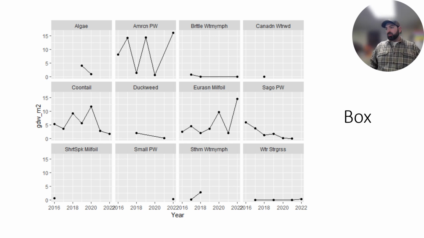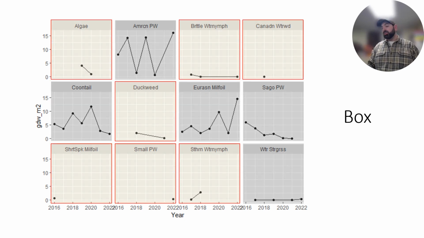Okay, now transitioning over to the time period of the box sampling from 2016 to 2022. Again, we have several species that were encountered only in a few years and or not at very high abundances. These include the algae, brittle water nymph, Canadian waterweed, sometimes duckweed was noted as present, short spike milfoil, small pondweed, and southern water nymph.